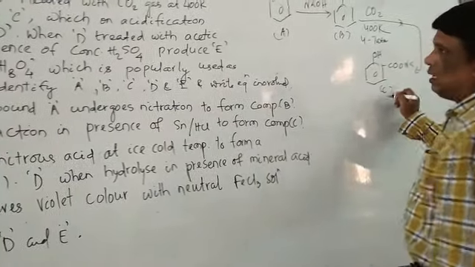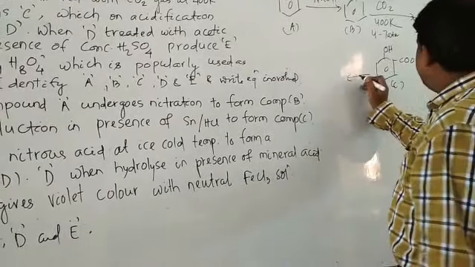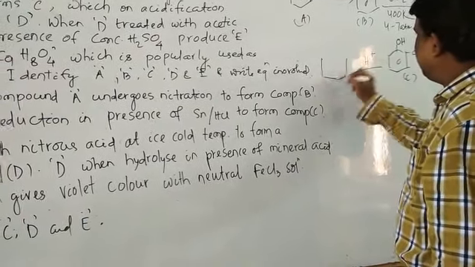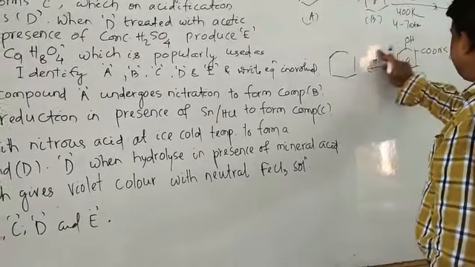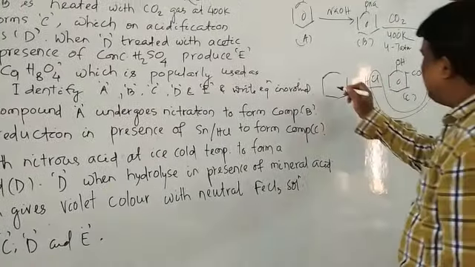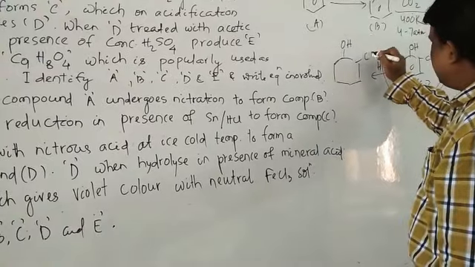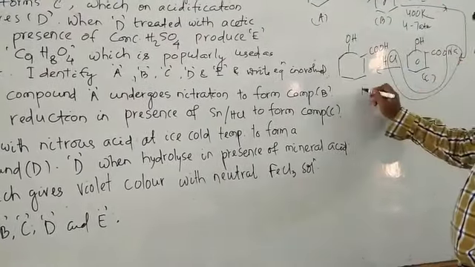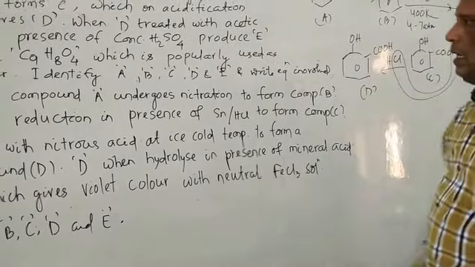It is C, sodium salicylate, which on acidification with HCl, NaCl is removed, H moves to here, so salicylic acid is formed. It is A, it is B, it is C, it is D, salicylic acid.